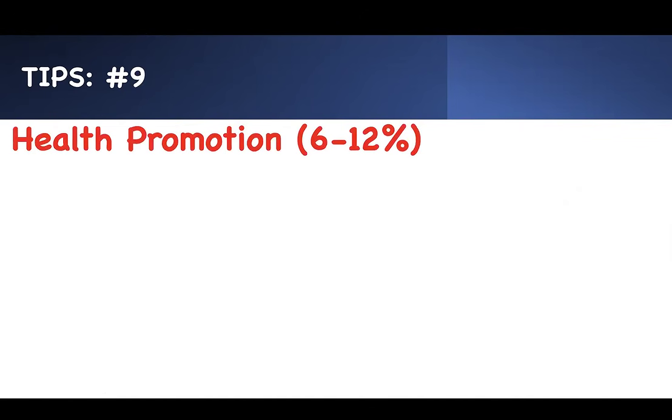Number 10, health promotion. It feels like, oh, there's only a few questions, 6 to 12%. That means 8 questions. But when the NCLEX figures out that you have poor knowledge on what? Peds and what? Maternity and health promotion, they can ask you a physiological adaptation question, but still under maternity.